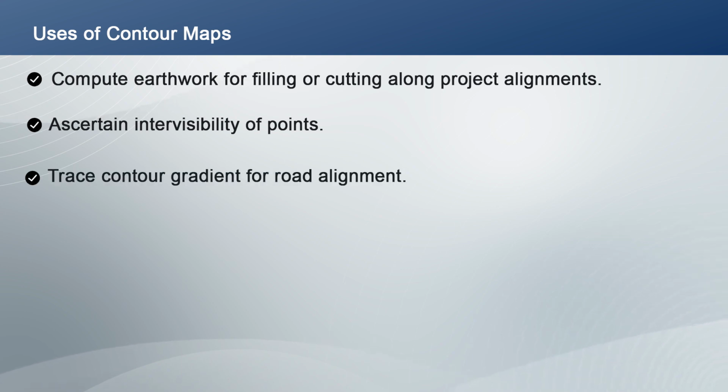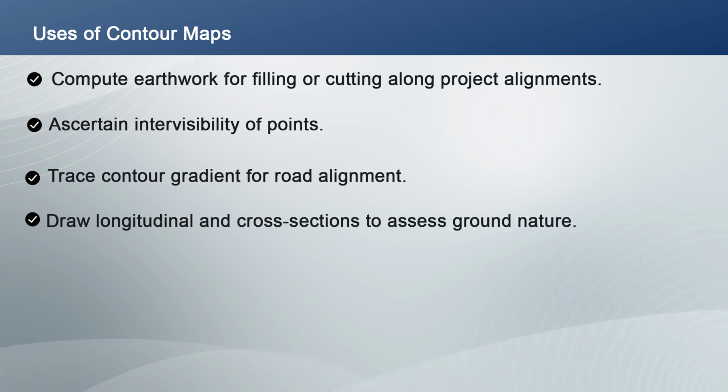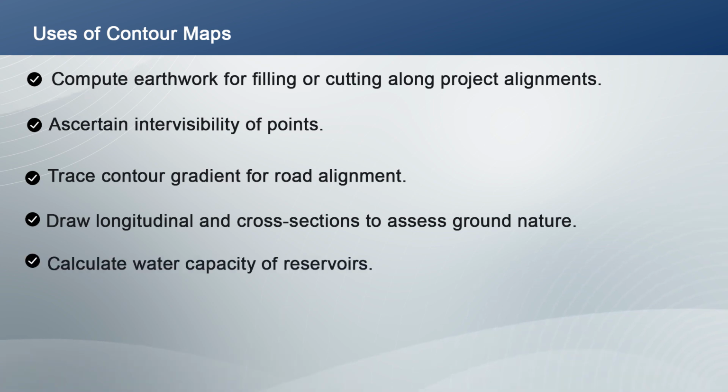It is also used to trace a contour gradient for the road alignment. It is also used to draw longitudinal sections and cross sections to ascertain the nature of the ground. It is used to calculate the water capacities of reservoirs.